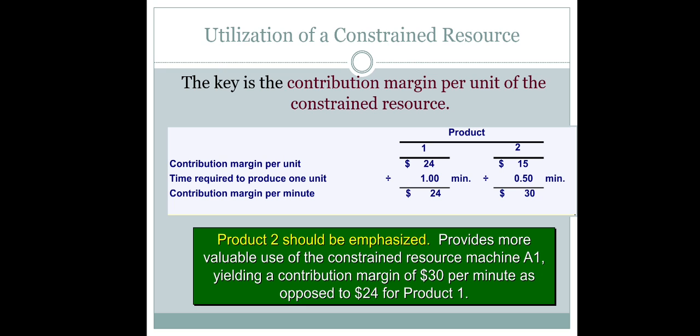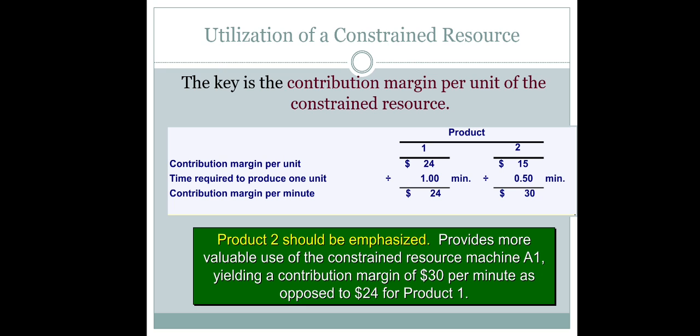Because for 1 minute machine, the company can produce 2 units of product 2, because for product 2, 1 unit requires only 30 seconds. So one machine minute can produce 2 units of product 2. So the contribution margin that can be generated is $30. So this is the first step.